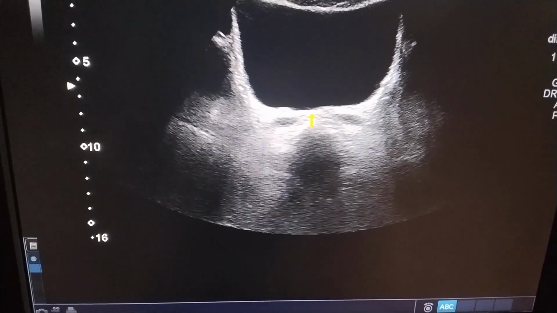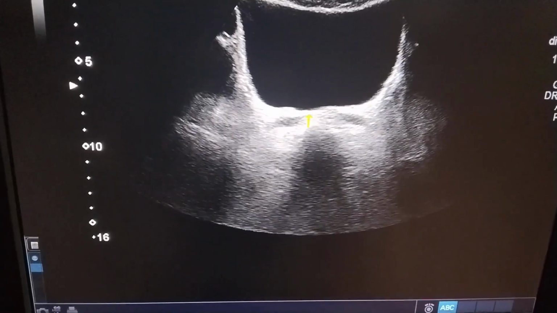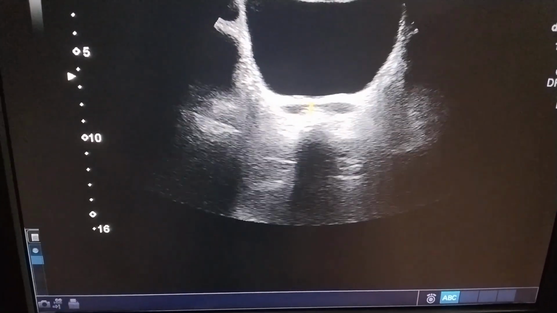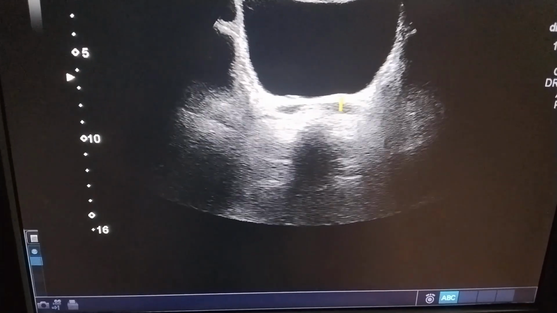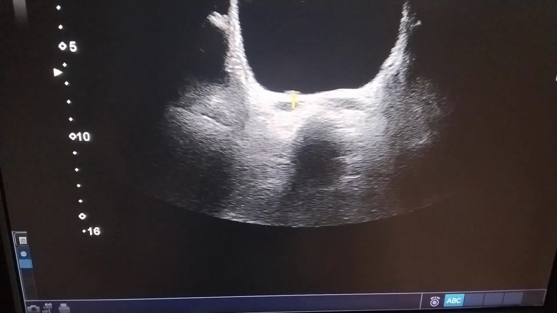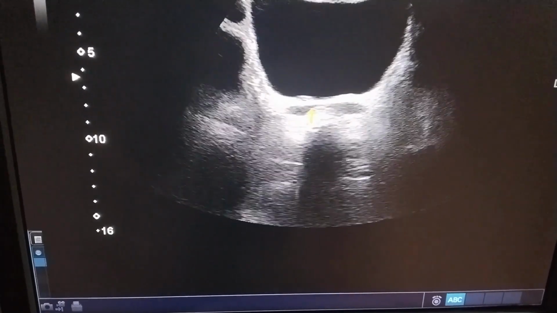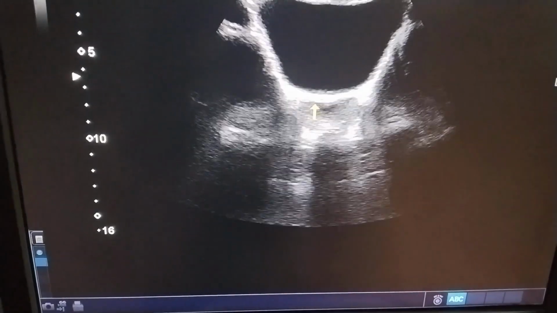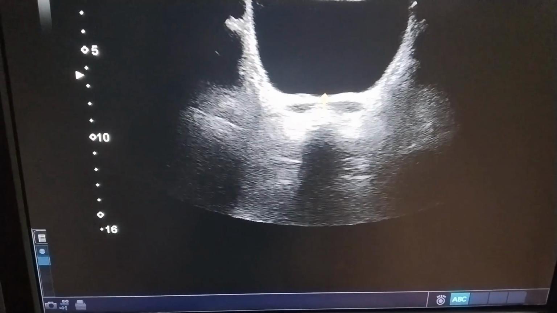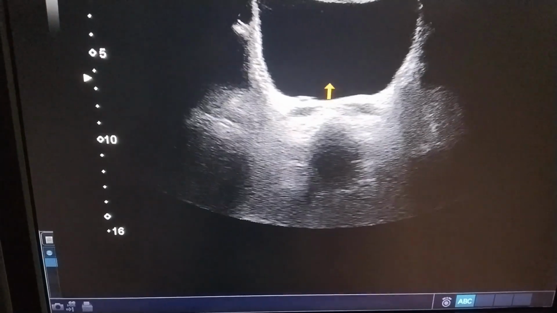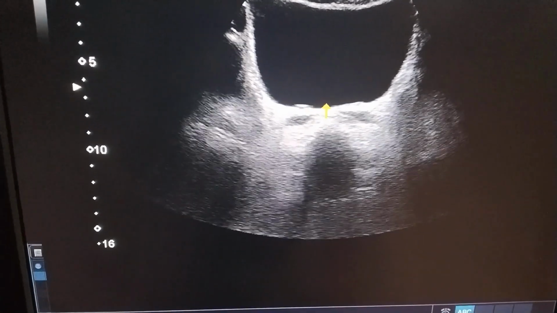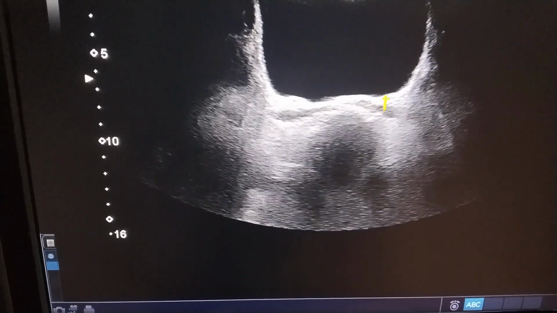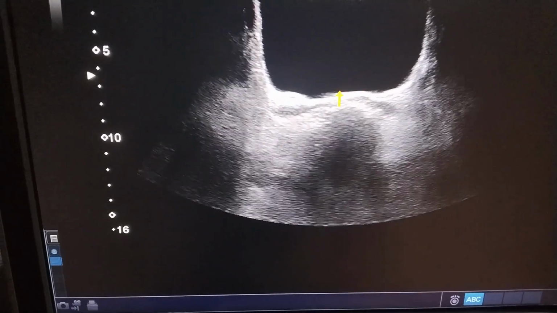move the probe, tilt the probe downward toward the feet, this area between the two ureters or VUJs, and then the neck of the urinary bladder, this area is the trigone area. The whole area from here to here is the base of the urinary bladder.